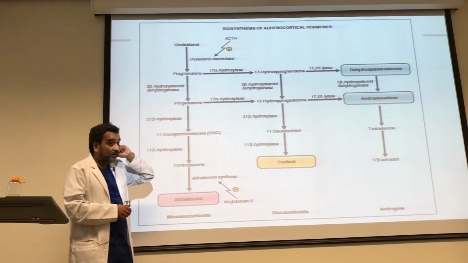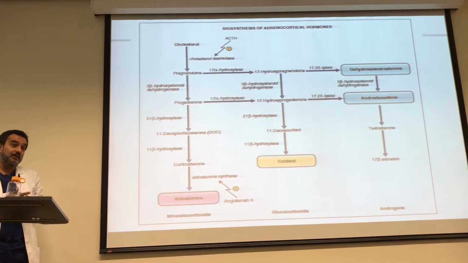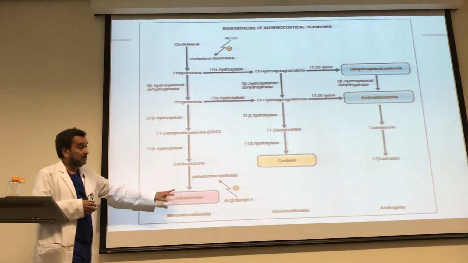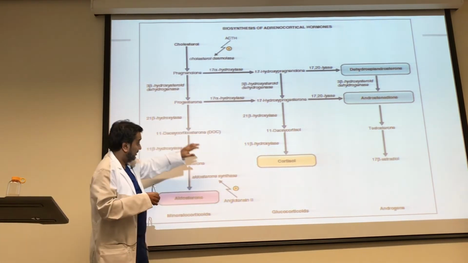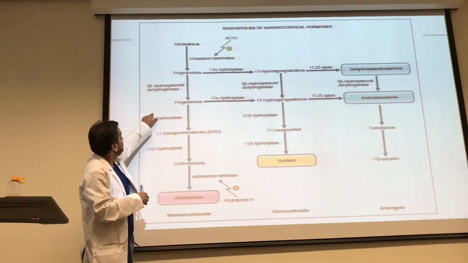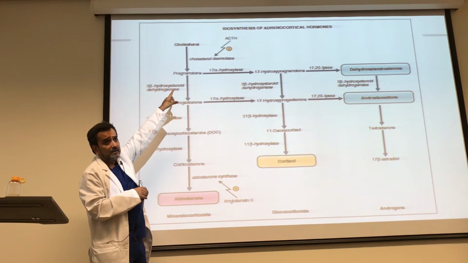And what would happen because of that? You cannot survive. So for life you need both cortisol and corticosterone, or glucocorticoids, and for that you need these 3 enzymes as well as the cholesterol desmolase.